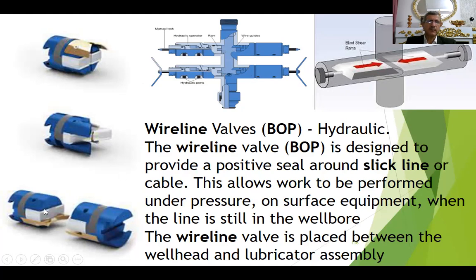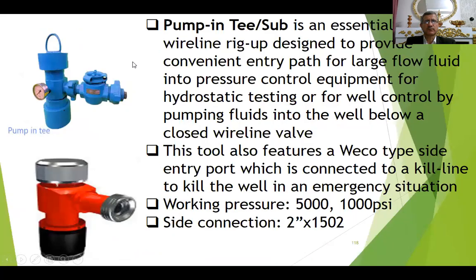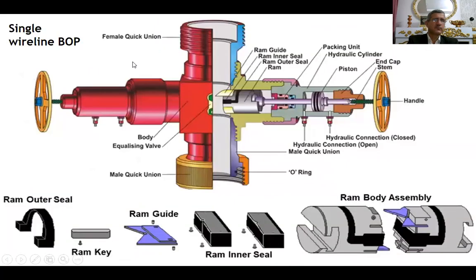So here the blind, you see, this is blind. This is the wire guide. So if we change the wire, then the ram and guide will be changed out also. Here is the single BOP or wireline valve, the ram here and the ram guide.